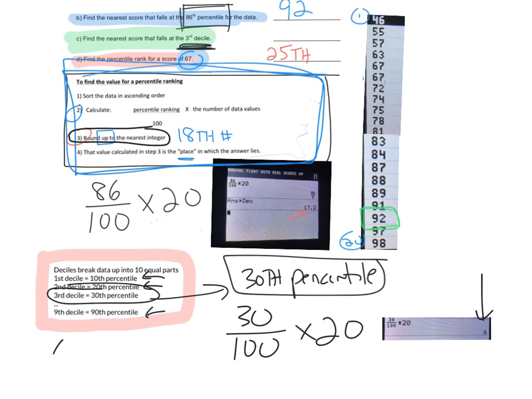So that means the 6th number in our list corresponds to the 30th percentile, which is the same as the third decile. So we'll find our 6th number: 1, 2, 3, 4, 5, 6. So here our 6th number is 67. So 67 corresponds to the third decile.